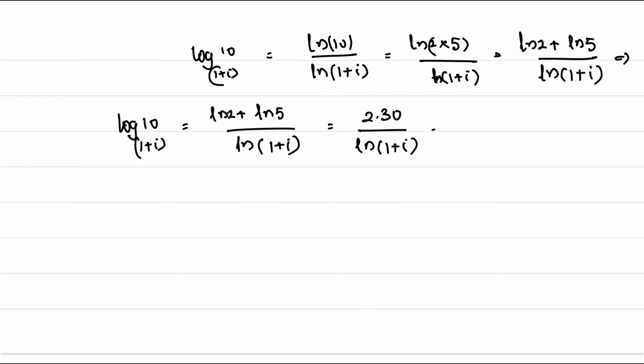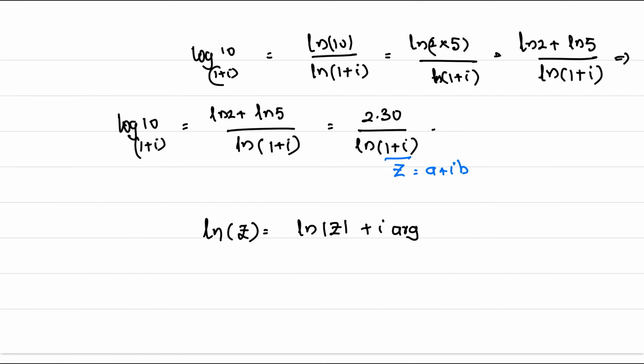1 plus i is in the form, we can say it is z. That is equal to a plus ib. Do you agree? Where a is 1 and b is 1. This formula also please remember, ln of a complex number, natural logarithm of a complex number is equal to ln magnitude of z plus i into argument of z.